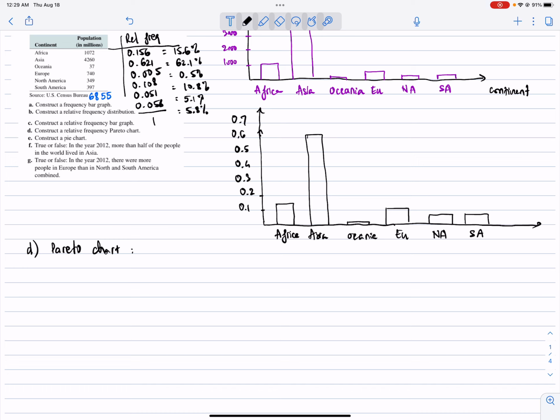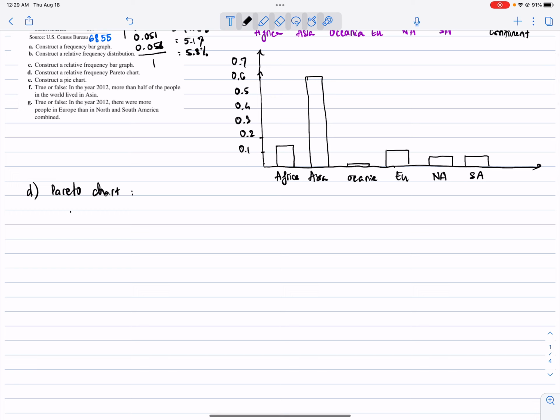But they have the word relative, so I have to use this one because we have the relative number right here. So what I have to do is label 0.1, 0.2, 0.3, 0.4, 0.5, 0.6, and 0.7.